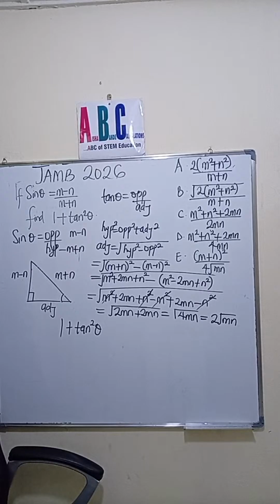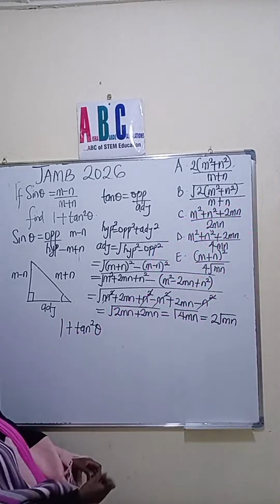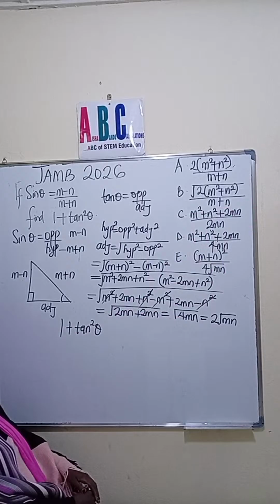Option D, right? Okay, so help us now. Alright, so let's continue. Penamas, 1 plus tan square theta. So what do we do?